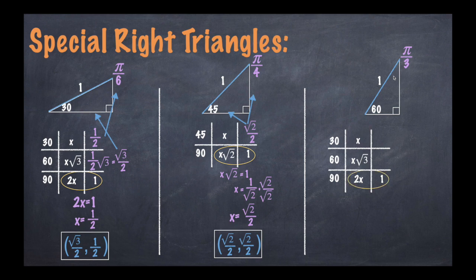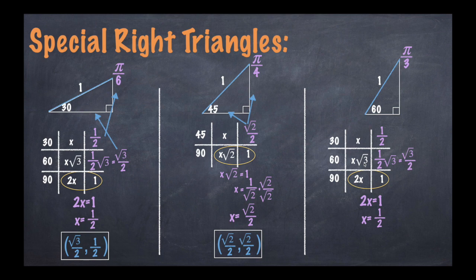So here we do the same thing we did in the first example. We take 2x and set it equal to 1, and we solve that. We get 1/2. So again, since that's x, I'm going to plug that in to the top box there. Then I can take that 1/2, since I know that that's the value for x now, and I can plug in 1/2 root 3.